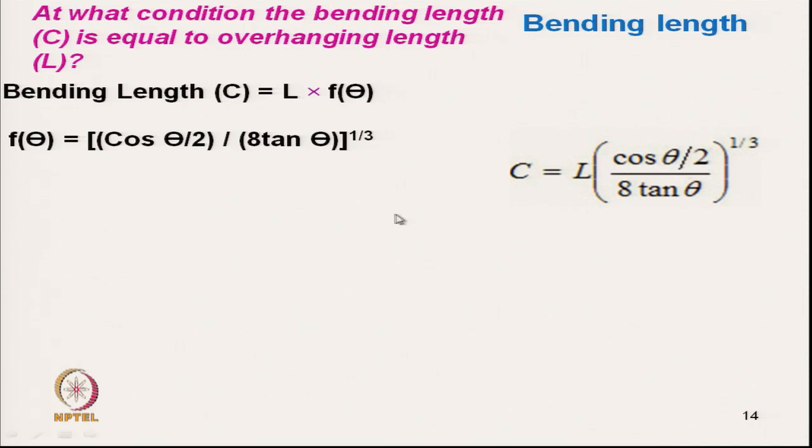Now, the question is: at what condition is the bending length c equal to the overhanging length? The condition is simple.